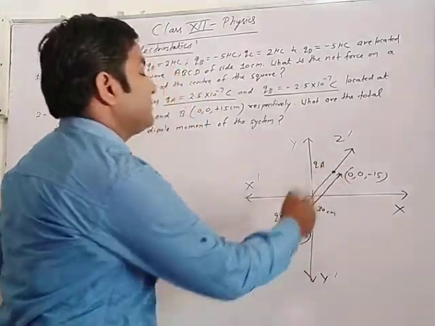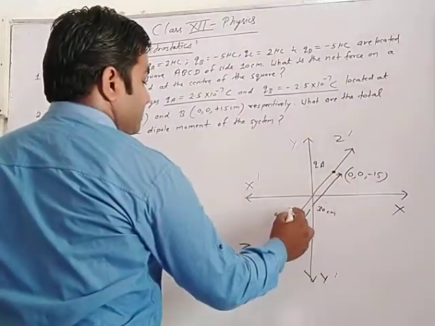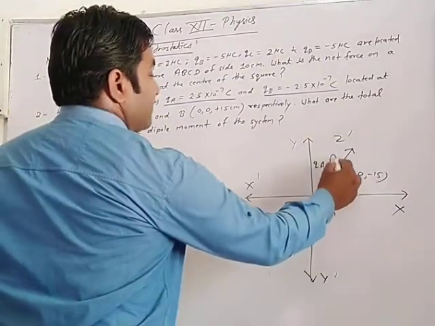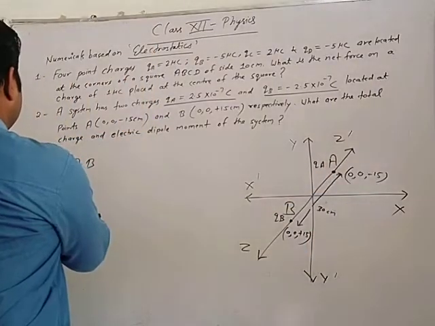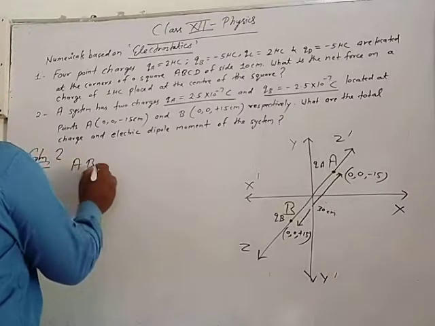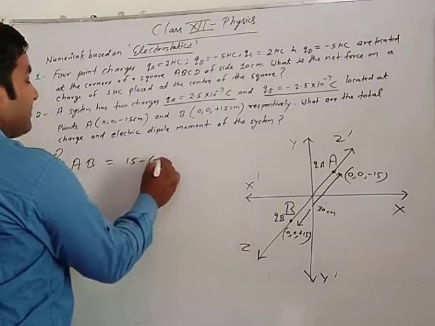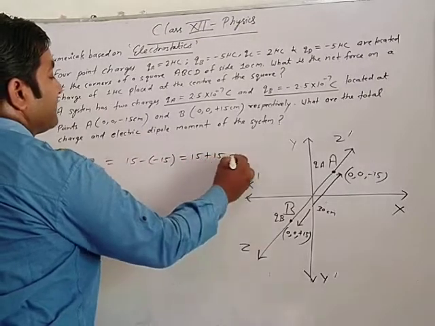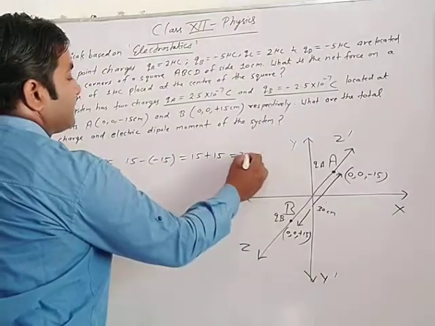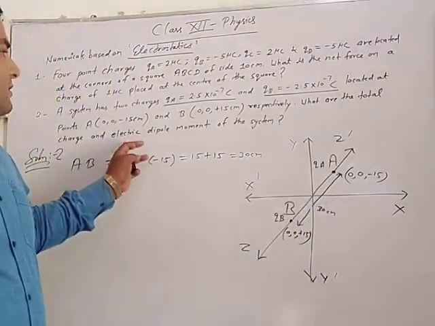When we calculate the distance, suppose this is point B and this is point A. So AB, the solution of problem number 2: AB is equal to 15 minus of minus 15, which is 15 plus 15, equal to 30 centimeter. Clear?